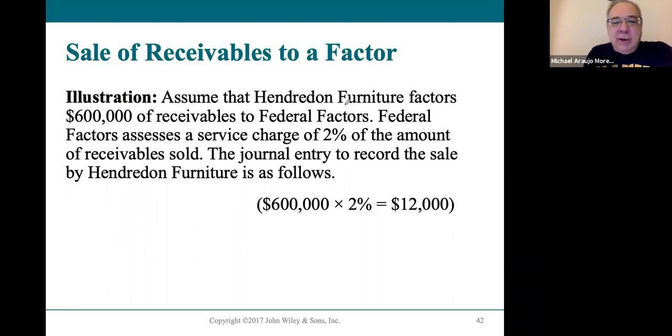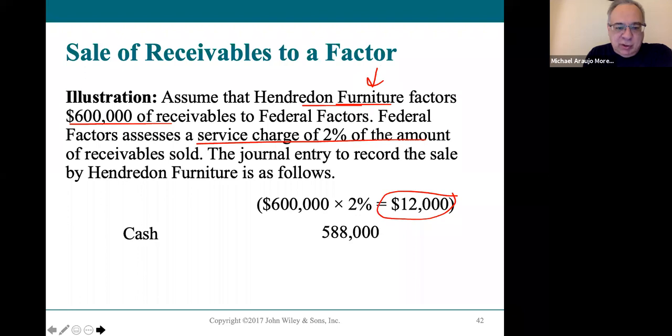So here we have another furniture company. They factor off $600,000 of receivables to a company called Federal Factors. Federal Factors has a 2% service charge, which means they're charging $12,000 to buy the $600,000 of receivables from this furniture company. So what's the entry look like?